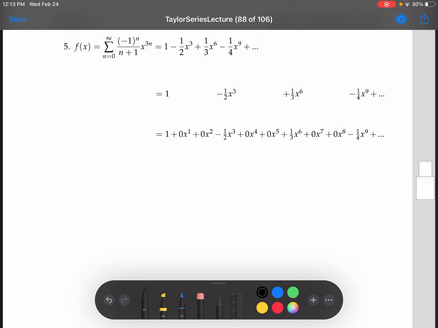So getting closer to the point, let's look at the general Taylor series centered at 0.